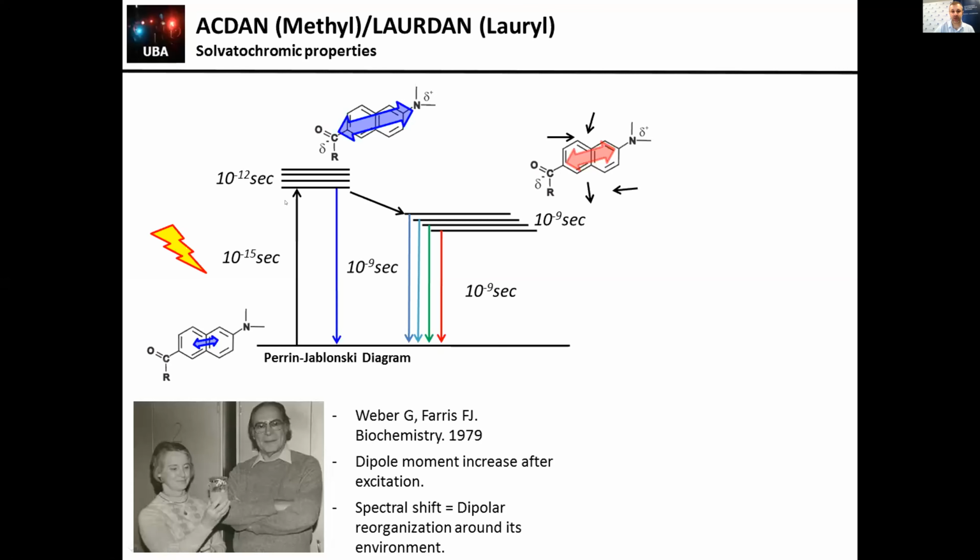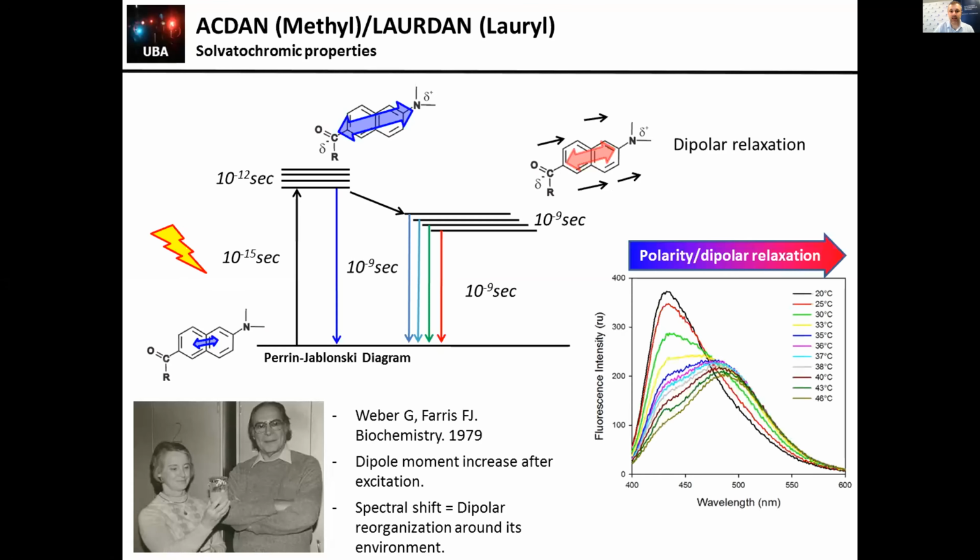After excitation, depending on the environment, the fluorophore can basically emit fluorescence without much change. But if you have dipolar molecules around, these dipolar molecules can be reoriented by the energy of the dipole of the probe, and this energy will be reflected as a reduction in the energy, which means a shift in the spectra and also a change in the lifetime.